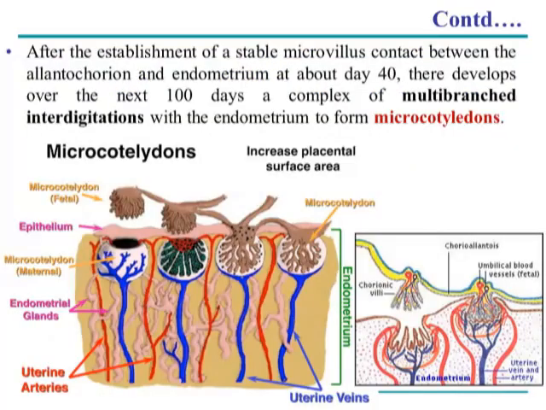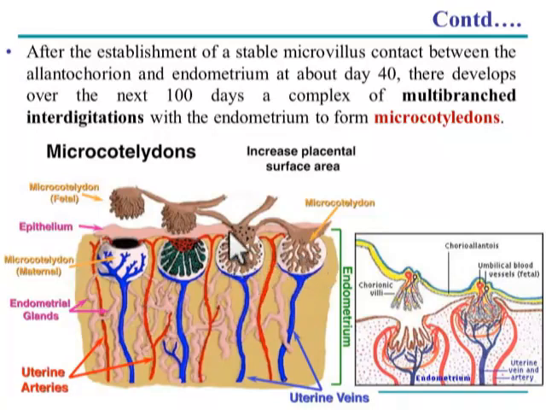So once the contact between allantochorion and endometrium is established and becomes stable by day 40, the chorionic villi keep on branching with interdigitations in the endometrium for the next 100 days, and now they are referred to as microcotyledons. As you can see in the image, these microvilli are multi-branched and have finger-like processes.